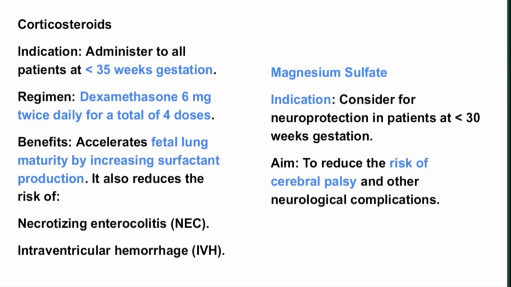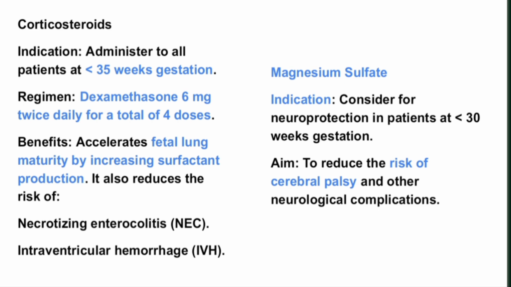This is going to help us reduce intraventricular hemorrhage and necrotizing enterocolitis. The dosage for dexamethasone is 6 milligrams twice daily for at least 4 doses, a total of 4 doses.